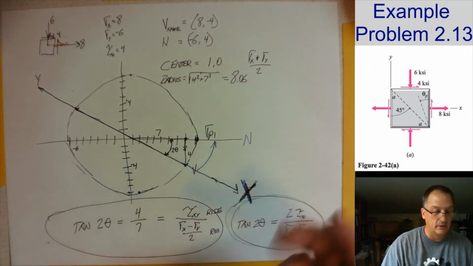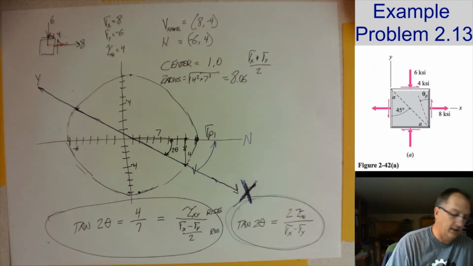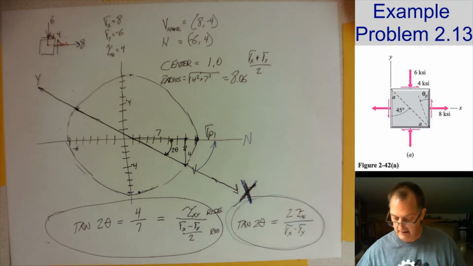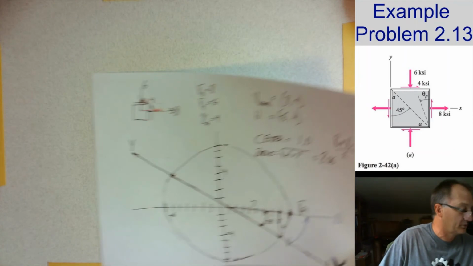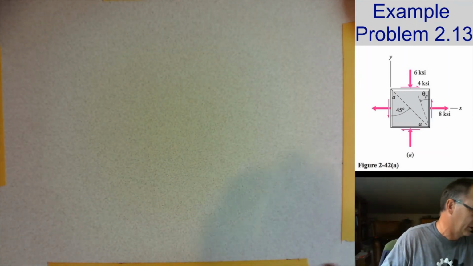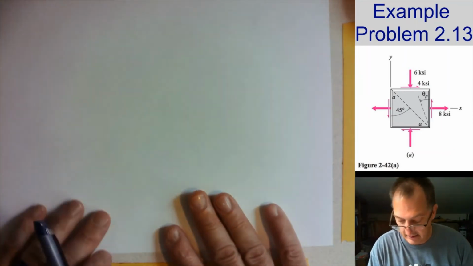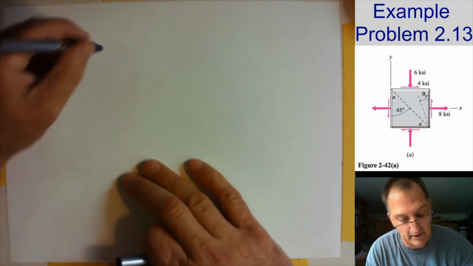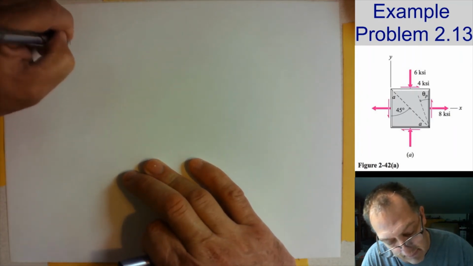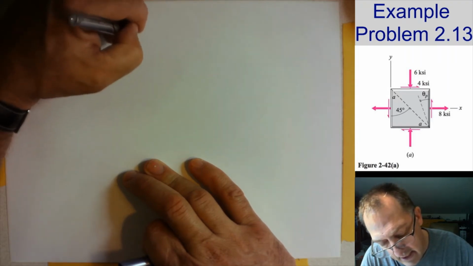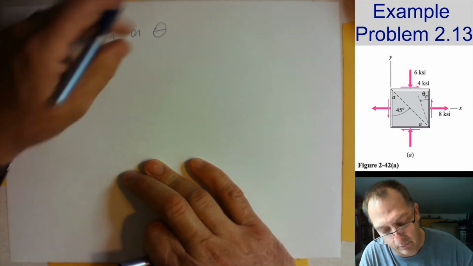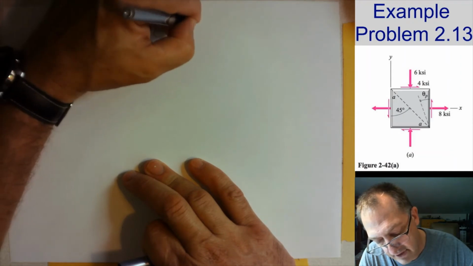We didn't do the last part of the problem, which was to find the stresses on an arbitrary plane AA. It was to find sigma n and tau n on a plane with theta equal to 45 degrees.